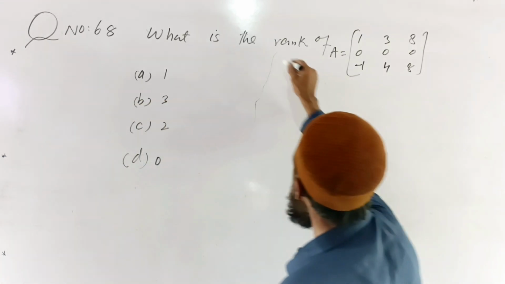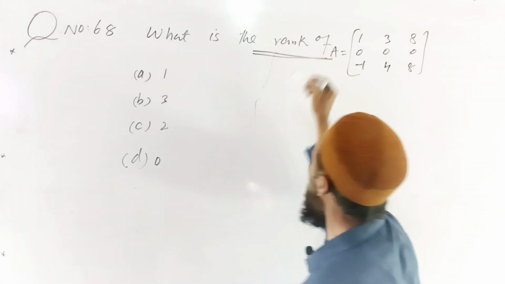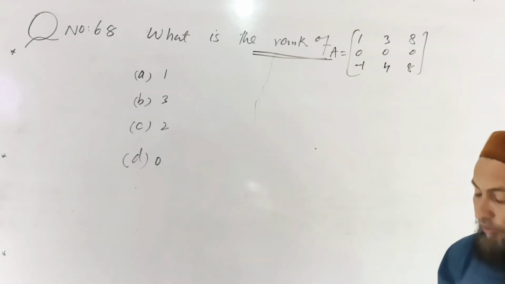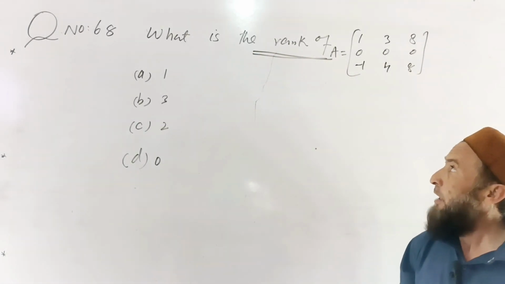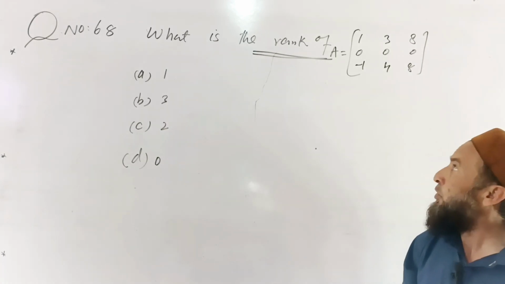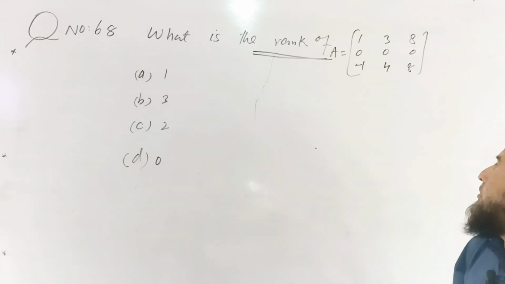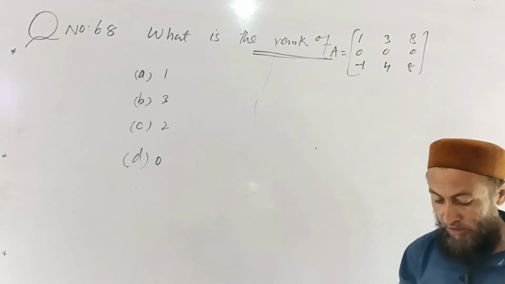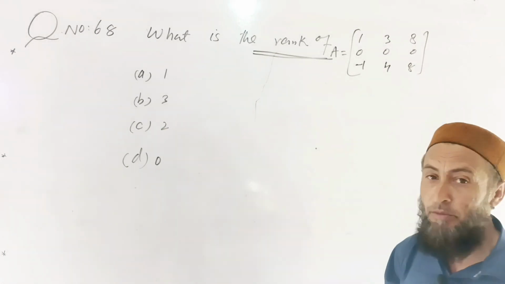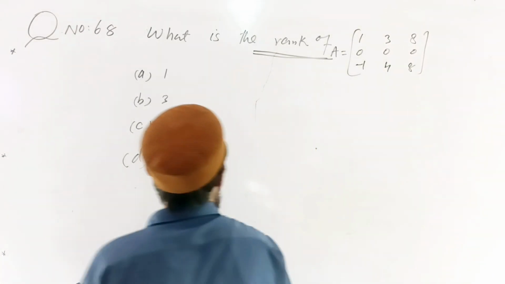According to the definition of the rank of a matrix, we are using: the rank of the matrix is the number of non-zero rows of a matrix. This is the definition of the rank of the matrix. If we are using it, what is the rank?